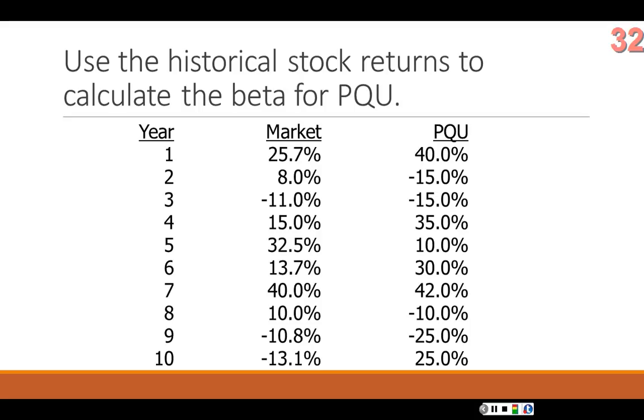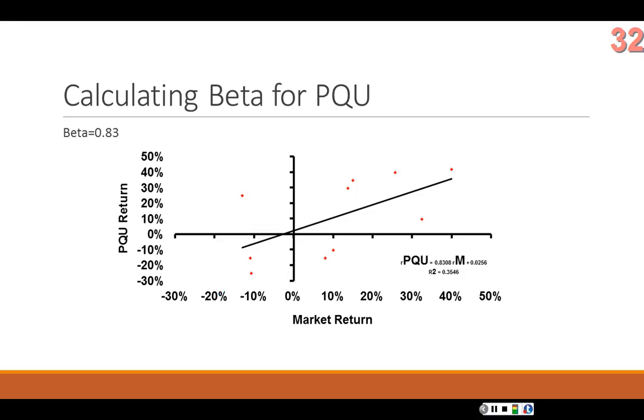Find the line of best fit, and the slope of that line tells you the beta. So if we were to do that, and we were to put this line of best fit on here, we see that it's 0.83 times the market return plus this error term of 0.02. So the beta is this slope. It's the 0.83.